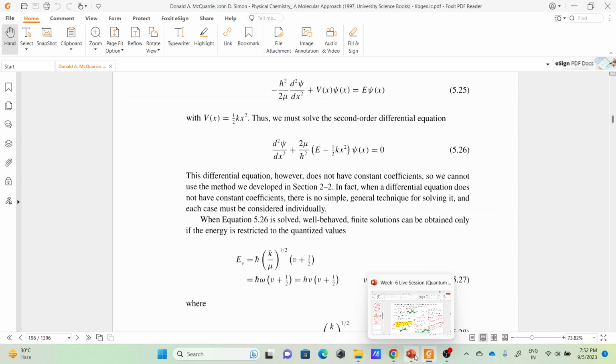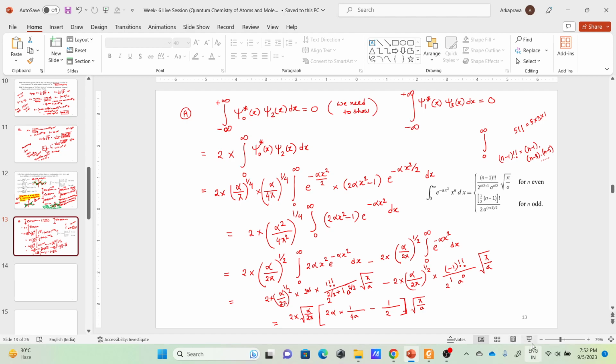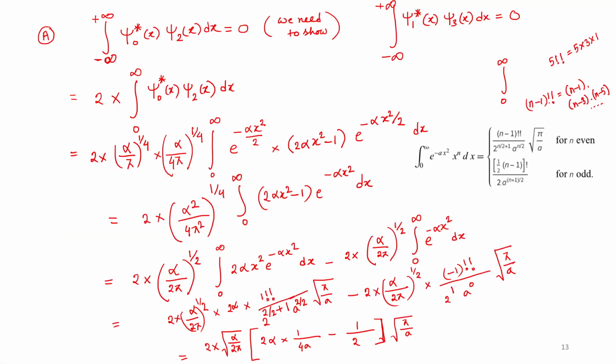Am I making a mistake? Okay, I am making a mistake. This is a very silly mistake, I'm very sorry, because instead of a, we need to take alpha. This is actually alpha, and this is alpha. So 2 by 2, right?